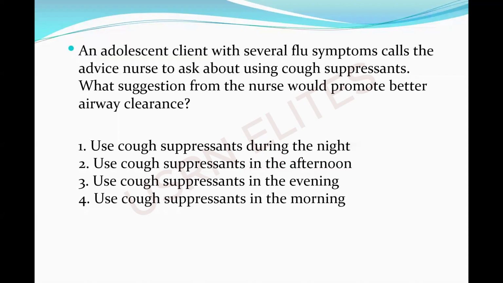Expectorant, so that the person can remove all the phlegm. When someone has an unproductive cough, which one is better? The cough suppressant, because the person is not bringing out anything, so it doesn't make sense for the person to keep having that irritation. We have to suppress it for it to stop.